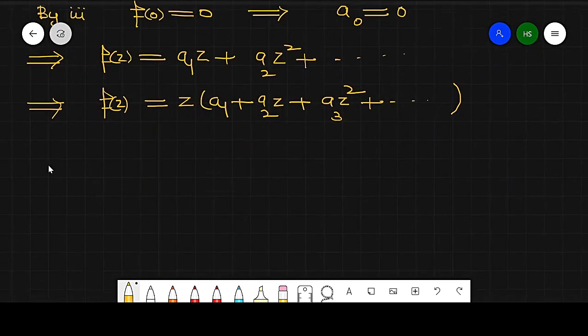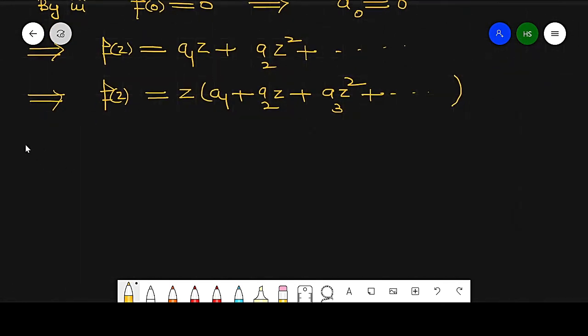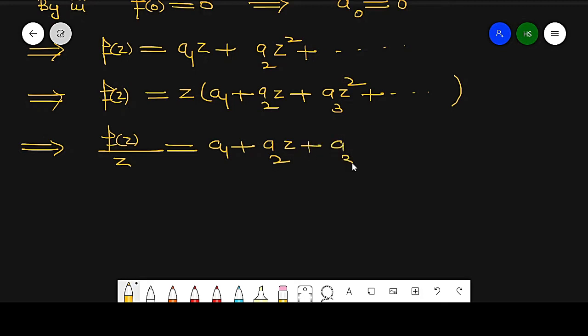Now this equation can be written as f(z) over z, which is equal to a1 plus a2 z plus a3 z square and so on up to infinity.